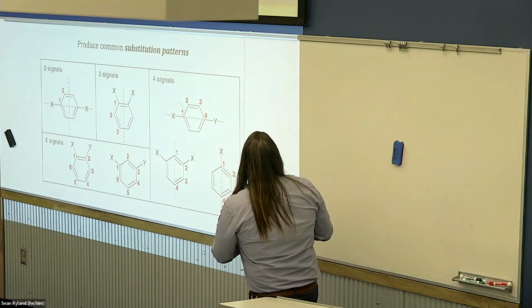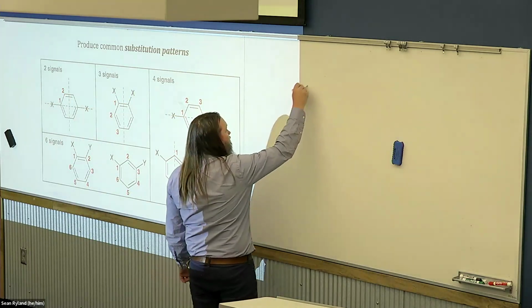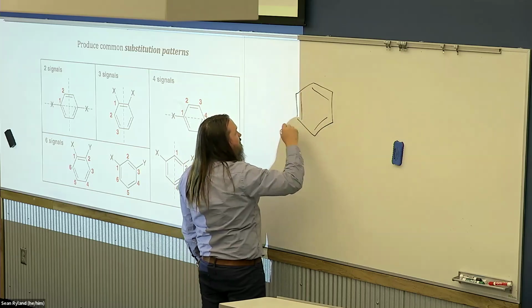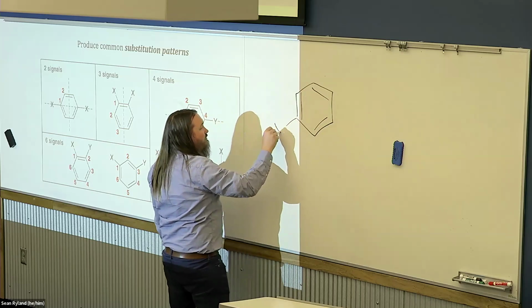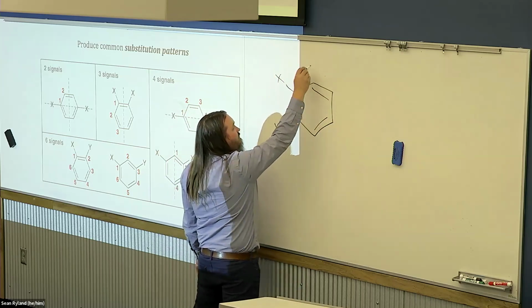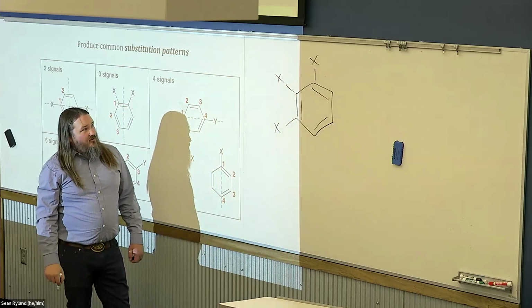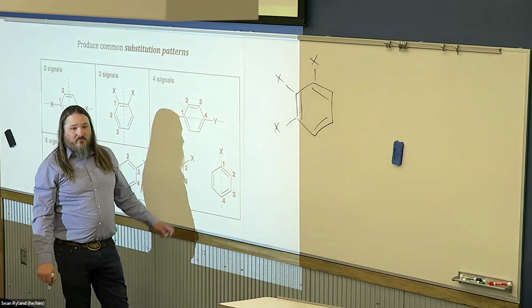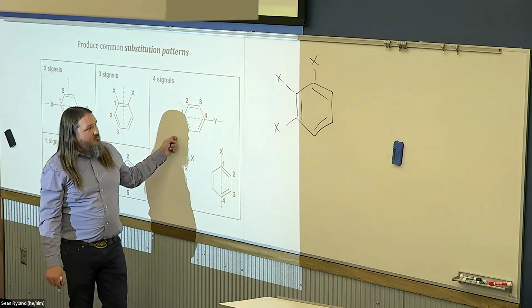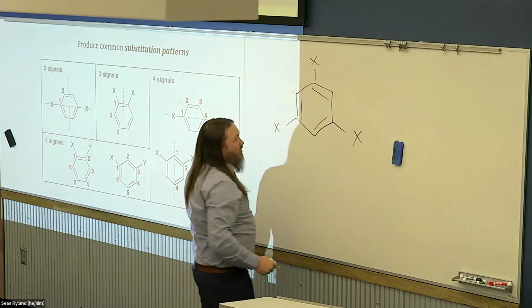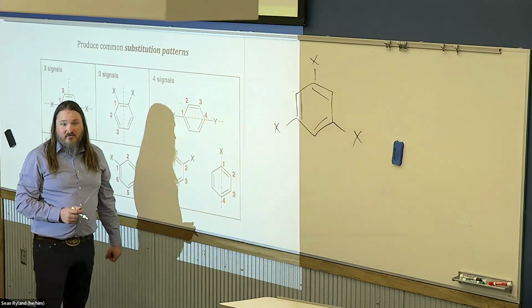What would the carbon NMR look like for tri-substituted? Well, if they're all the same, that should also give us 4 signals, right? Or 2 signals.